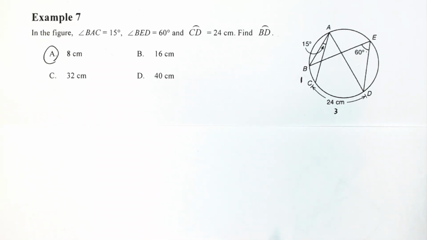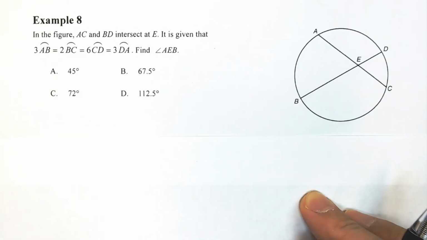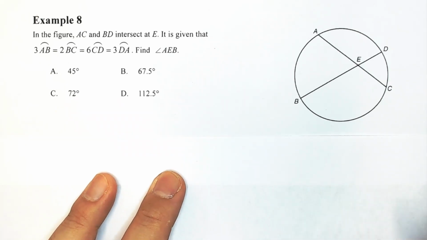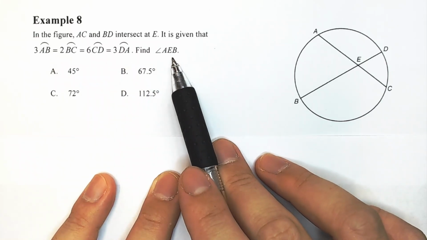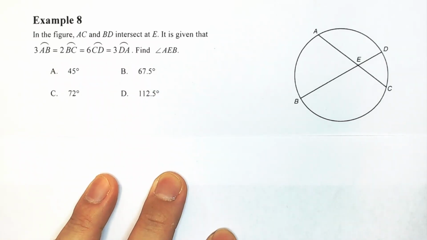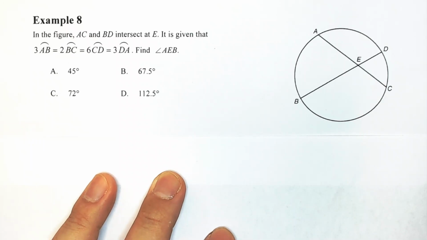Okay, it's an easy question. Example 8, last example here. You are given a relation like this, and you just need to find angle AEB. You are not given any angles.